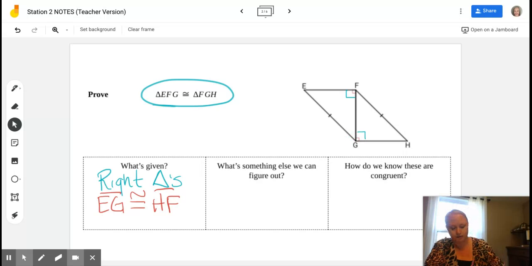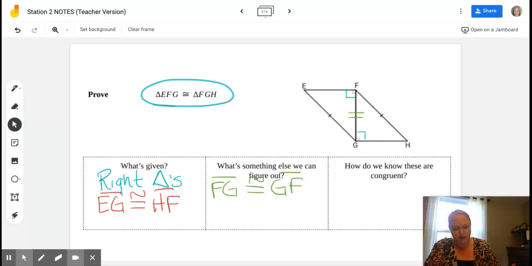The other piece of information that we can figure out is that FG is congruent to GF. We know this because of the reflexive property. So FG is congruent to GF.